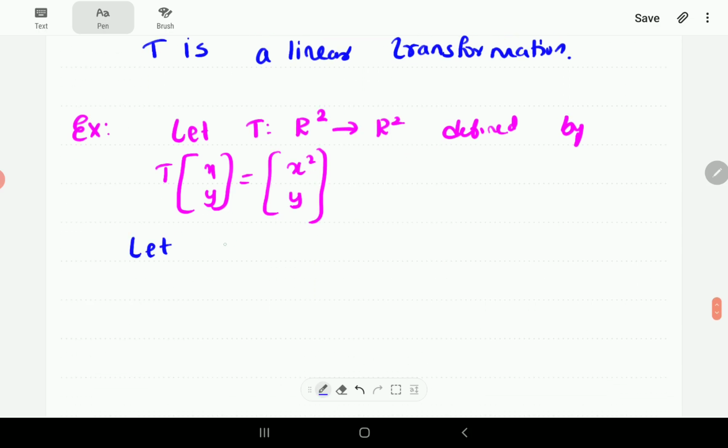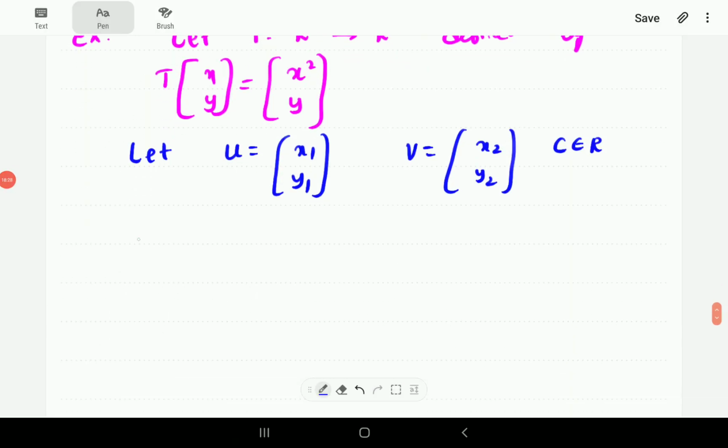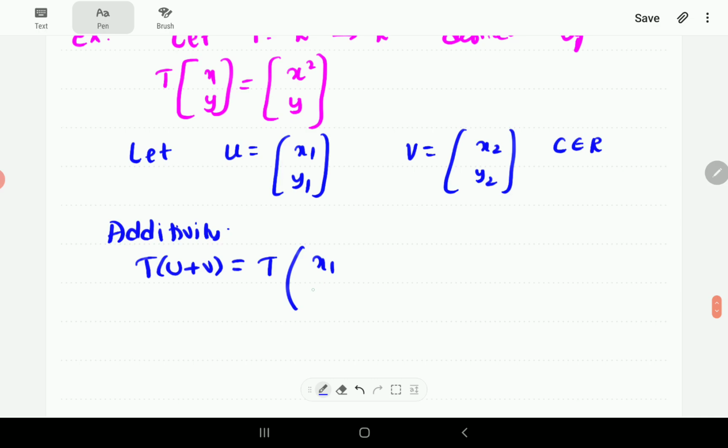So to start, let me take my u as say (x1, y1), and let me take v as (x2, y2). Let us take some c, which is a real number. So now to check our additivity, that is the first property, T of u plus v is equal to T of (x1 plus x2, y1 plus y2).